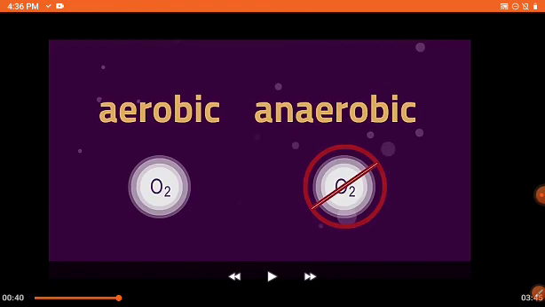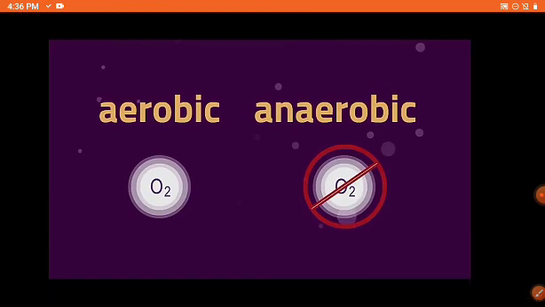For example, where oxygen is involved, it is aerobic, and where there is no oxygen involved and no breakdown in oxygen, it is known as anaerobic. So the main factor is oxygen.